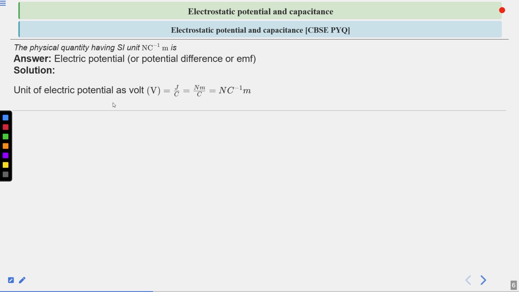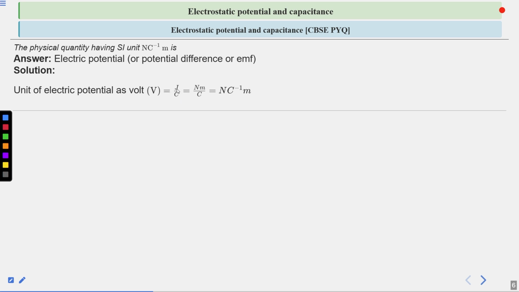So what is work done? What is potential energy? Potential energy is the work done in bringing a charge from infinity to any point. So in potential, we replace any charge with unit positive charge, meaning work done upon charge. So the unit of electric potential is work upon charge, that is, joule upon coulomb, where the unit of charge is coulomb.